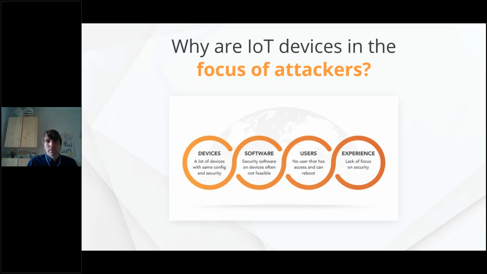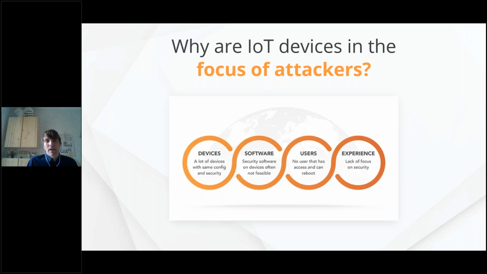IoT is not very new, but the security software on the devices is often not feasible or not as advanced as in normal PC or corporate environments. That makes the devices more vulnerable, because it's also not really visible what's happening.